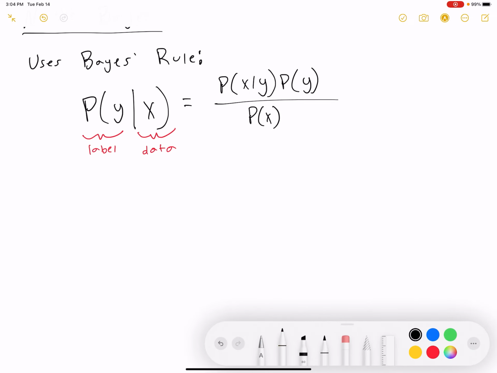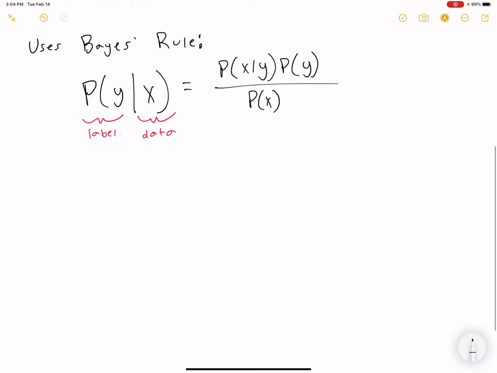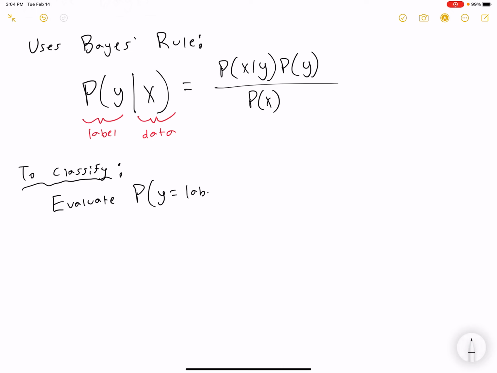And to classify, this is all review, but to classify, we evaluate the probability that Y is equal to a certain label, given that X is equal to the input data point, for all possible labels.